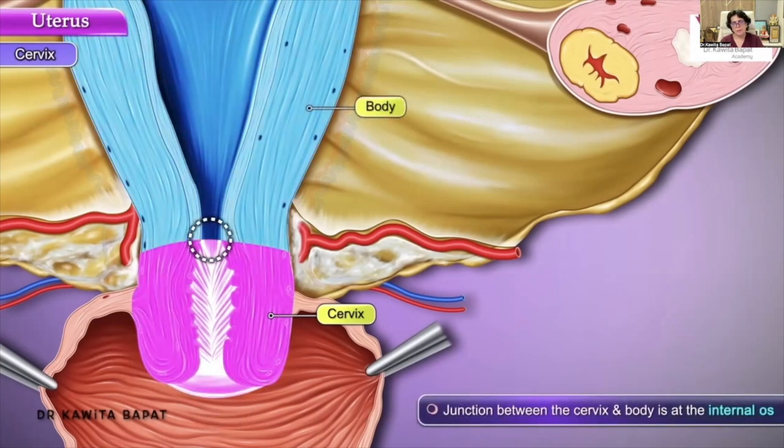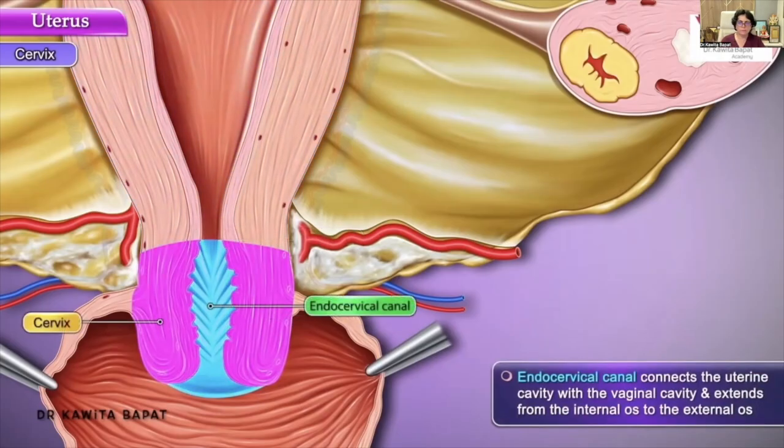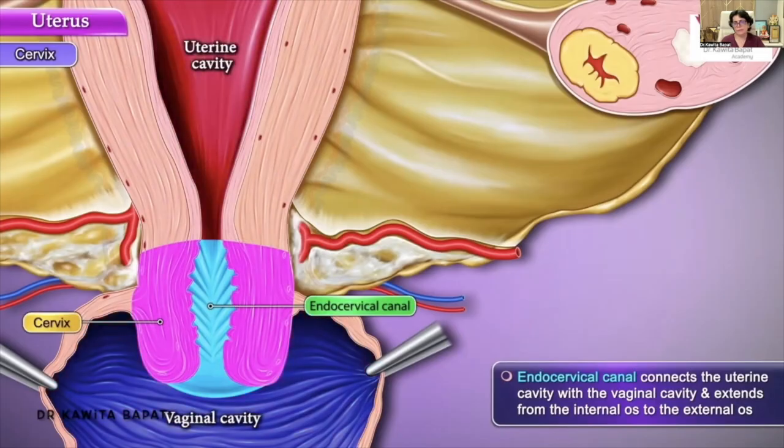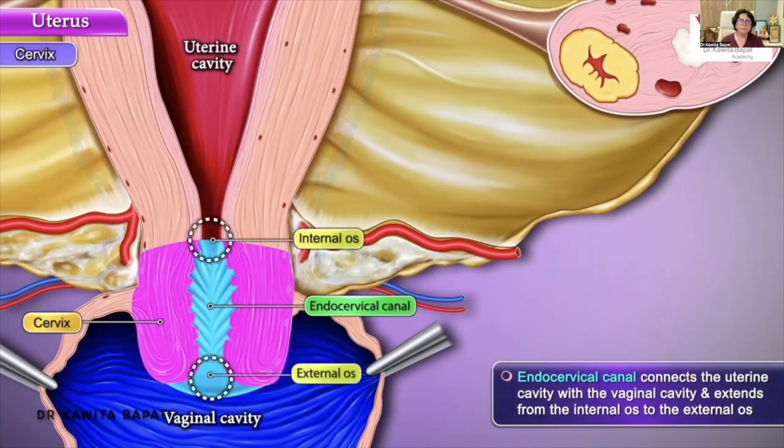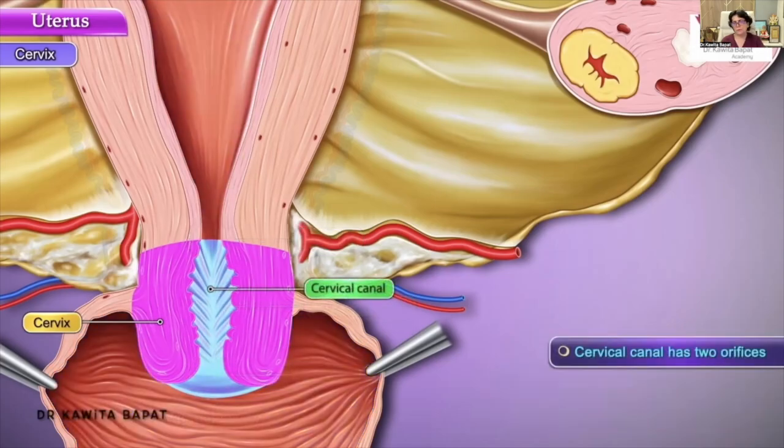The junction between the cervix and the body is at the internal os. And there's a small canal, also called the endocervical canal. It connects the uterine cavity with the vaginal cavity, and extends from the internal os to the external os.